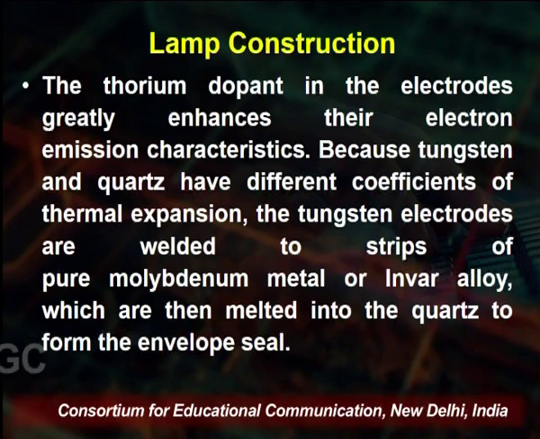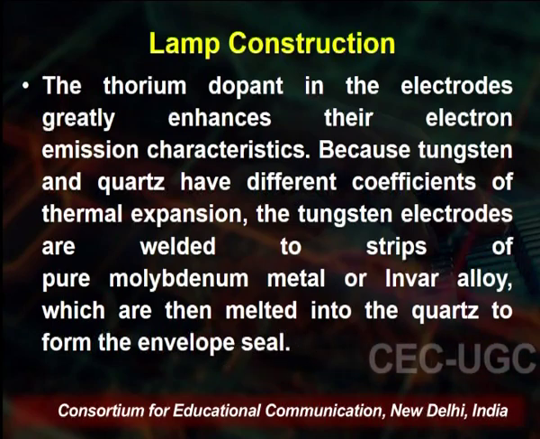the tungsten electrodes are welded to a strip of pure molybdenum metal or Invar alloy, which are then melted into the quartz to form the envelope seal. The thorium dopant is used for the electrode in this type of lamp because of the very high power level.